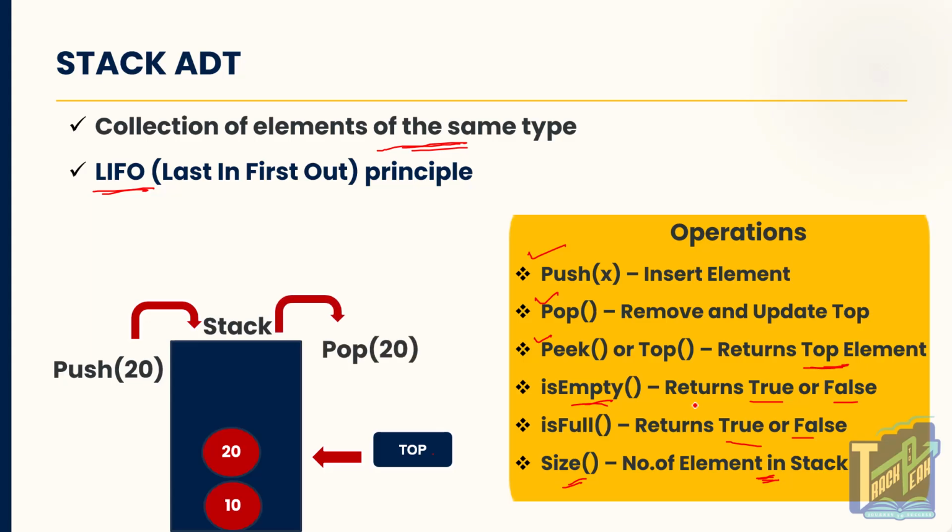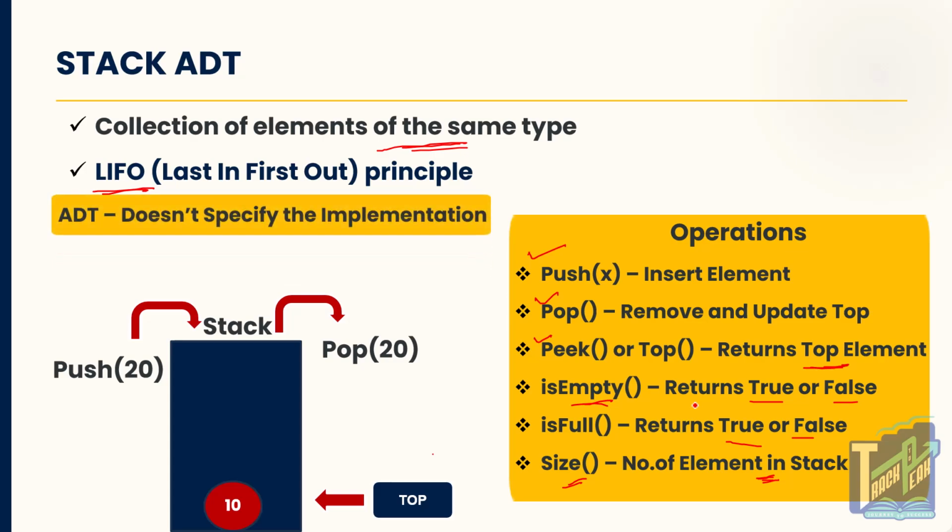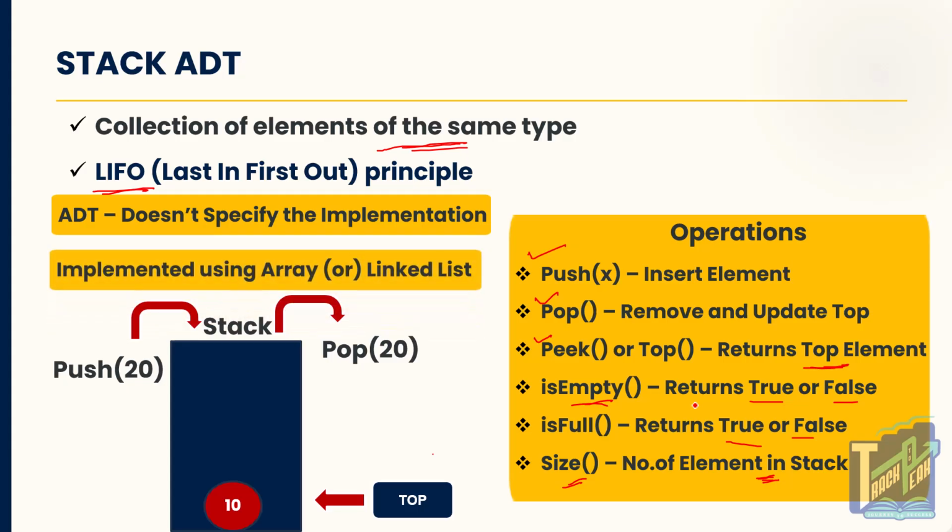Now we perform the next operation, pop. We pop the 20, so the 20 has been removed from the stack. After that, the top position gets updated. Now the top of the stack is 10. This is the process of a stack. And here the stack ADT doesn't specify the implementation part at all, which means which concept is going to be used to implement these operations, either array or linked list, is not decided by the ADT.